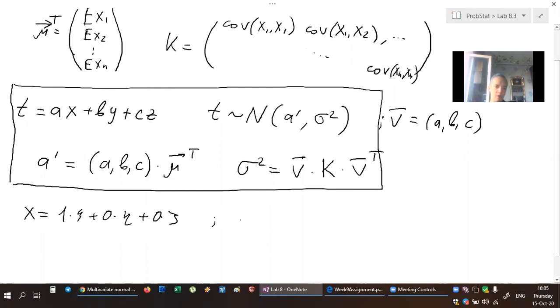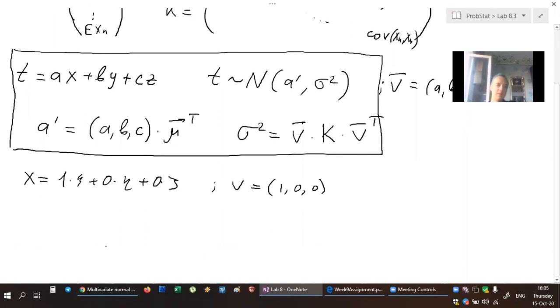So in our case, vector v is equal to (1, 0, 0). And we can say that the expected value of xi is equal to (1, 0, 0) multiplied by (1, 0, minus 2), which is equal to 1.